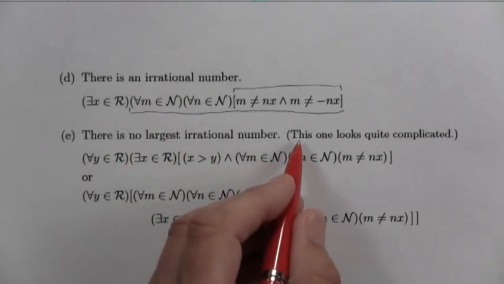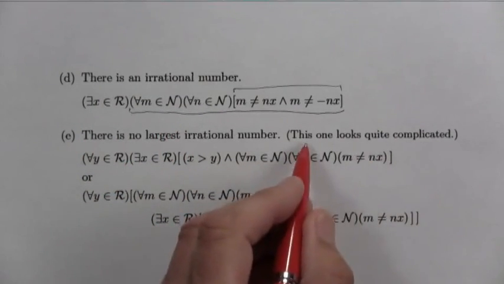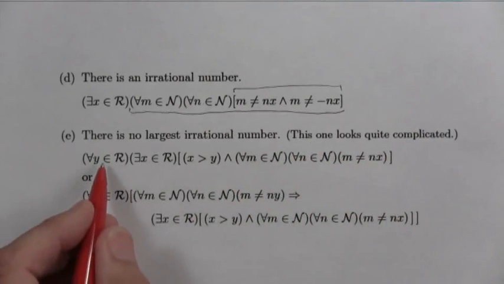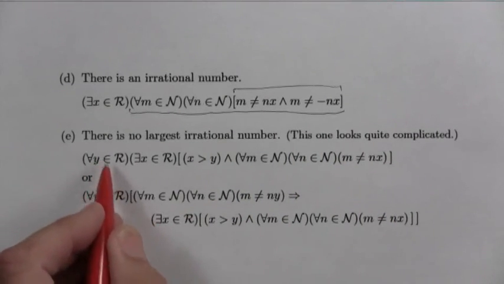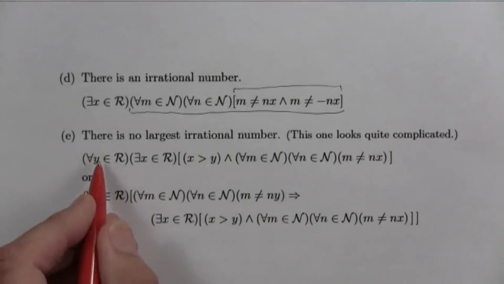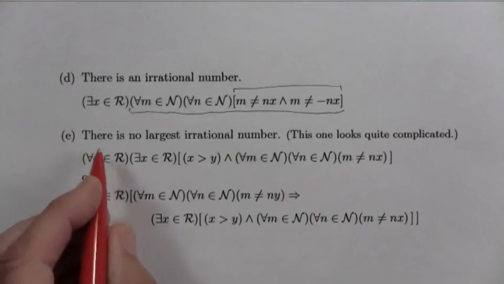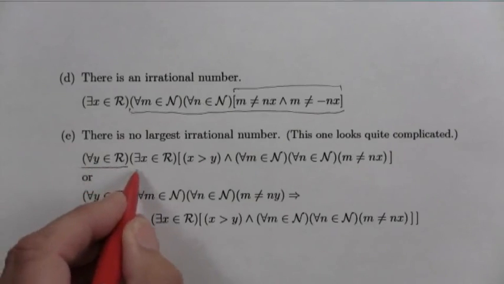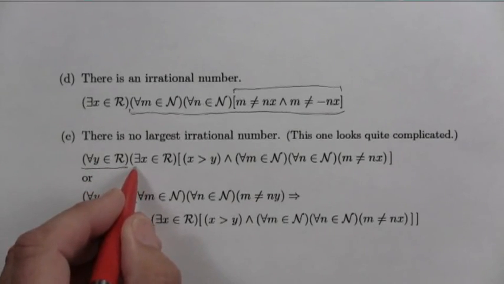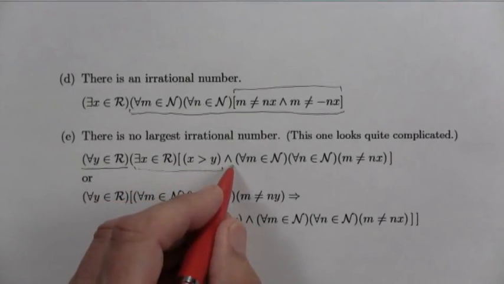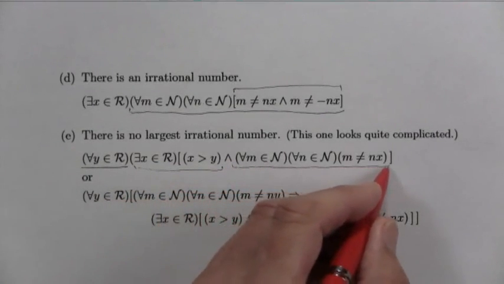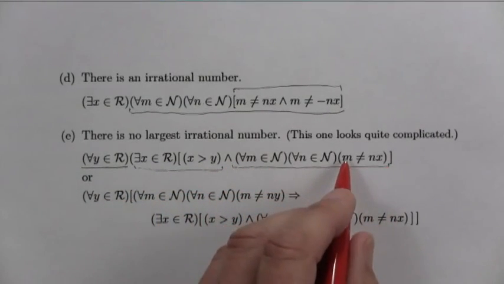Part E, well, I mentioned when I formulated the question that this one looks quite complicated. It does. Unless you do what I did. There are two ways I answered this. One, I said, well, what I could say is that for all real numbers y, there's a real number that's bigger than y, which is not rational.